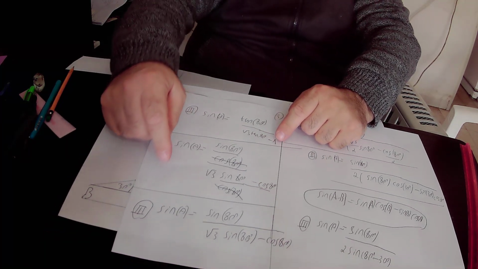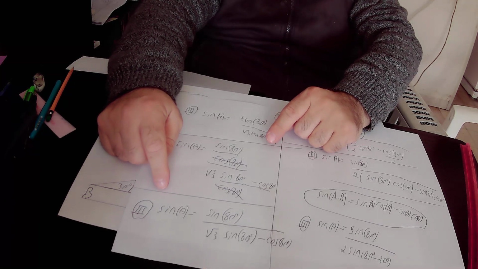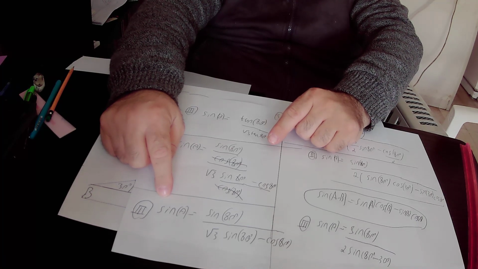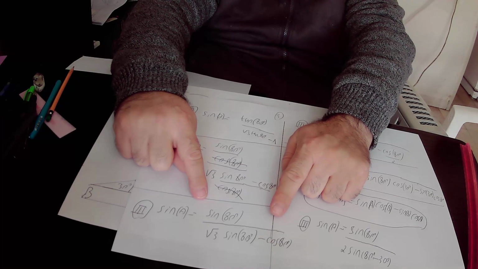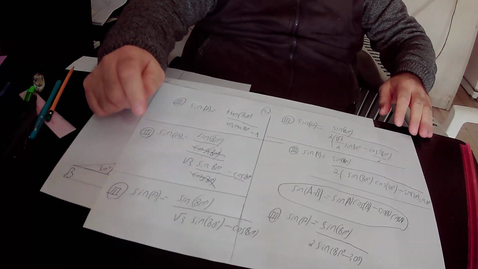And what is left from equation number 1 after we cancel cosine 80 degrees is, on this side, sine theta that equals sine 80 degrees over square root of 3 times sine 80 degrees minus cosine 80 degrees.